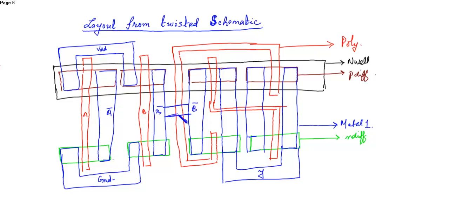Okay, so B bar is connected, then B is connected over here. So B is a poly layer. So poly layer is connected with this. So try to get from here. And then connect to this.